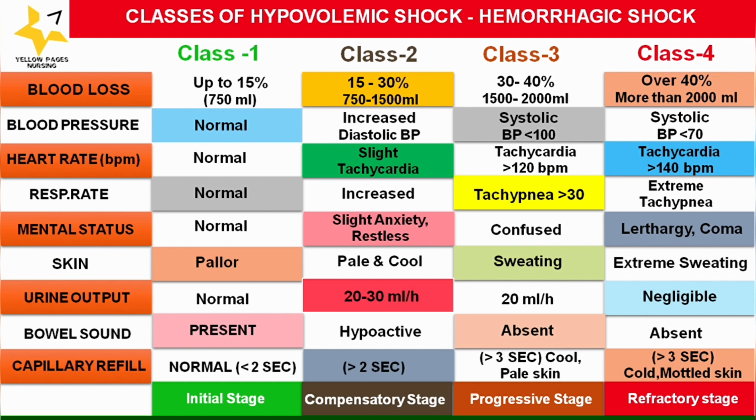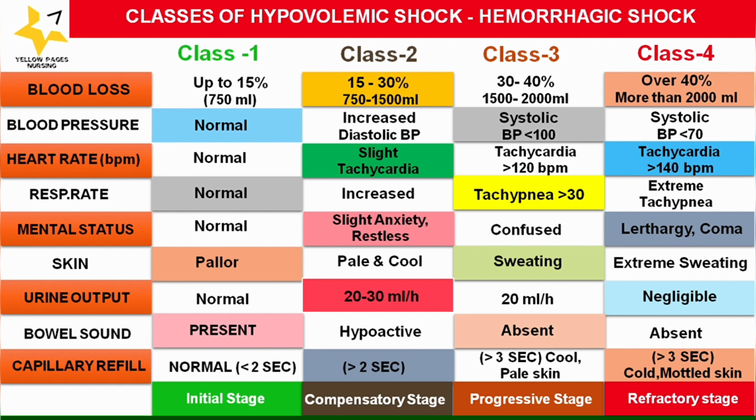When we look at this initial stage, that is class 1, the clinical changes are normal and the patient is asymptomatic. And skin may be normal or become pallid. But when we look at the class 4 or refractory stage, it is a life-threatening one where it can lead even to organ failure, and there is no compensatory mechanism.